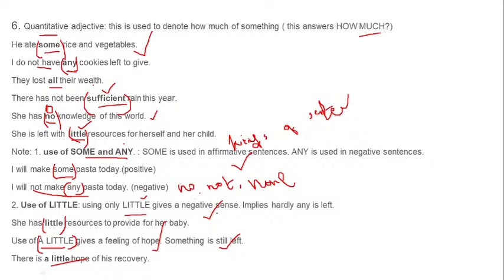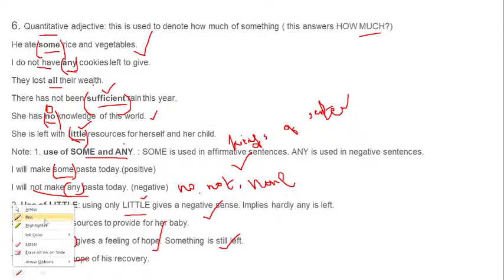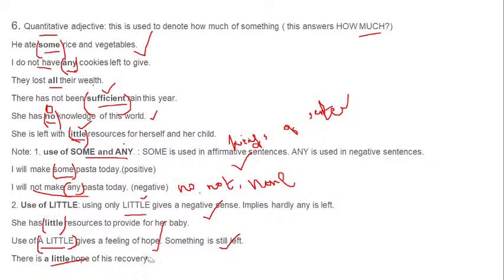And use of little is also very important. A small article can change a lot of things. When it means a little, it tells us that something is still left. Only a little is left, but at least something is left. So there's a feeling of hope: there is a little hope of his recovery, there is a little possibility of his success.